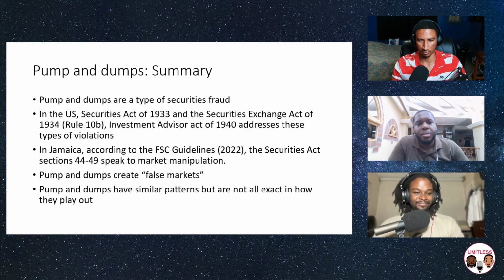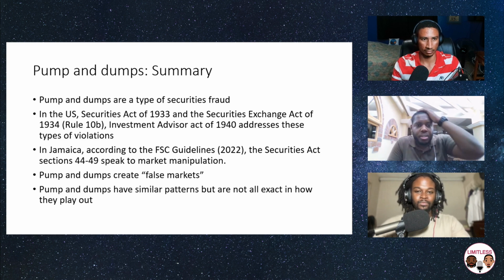But the summary of pump and dumps is that pump and dumps are a type of securities fraud. In the US, the Securities Act of 1933 and the Securities Exchange Act of 1934, Rule 10b, as well as the Investment Advisor Act of 1940, all address these types of violations.